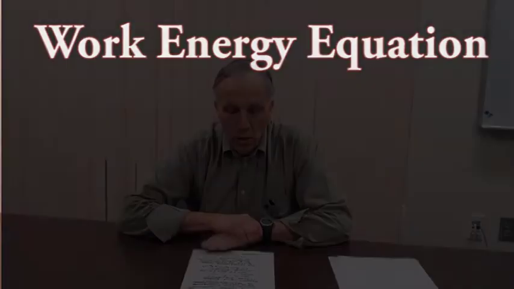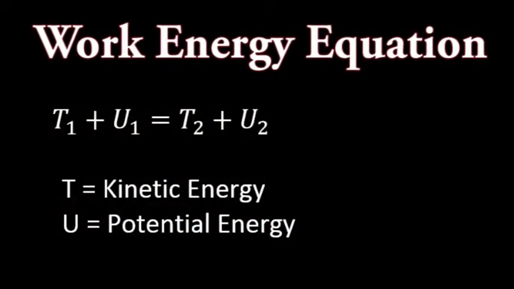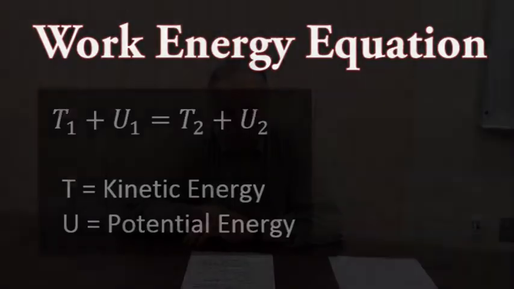angular velocity squared. For conservative systems, that is where the work is only done by conservative forces, usually gravity and or springs, we can represent the work done as the change in potential energy, and energy of the system is conserved, and therefore we get the common kinetic plus potential energy in state 1 is equal to kinetic plus potential energy in state 2.